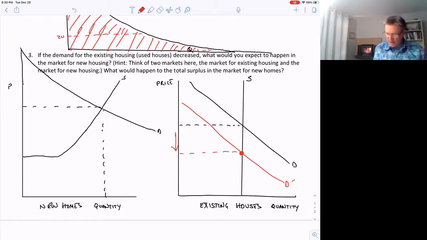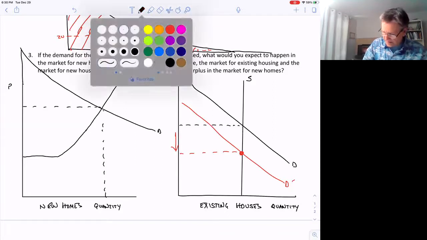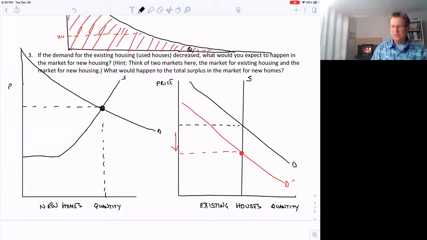Now, what about the market for new homes? We had an equilibrium up here at some price, and the price was probably a little bit higher than the price of the existing homes. New homes cost a little bit more. People prefer to have a new home over an older home, so we expect the price to be higher, everything else equal. We'd be able to measure the consumer surplus and the producer surplus.